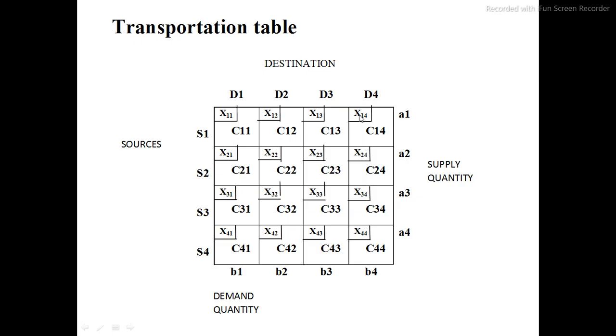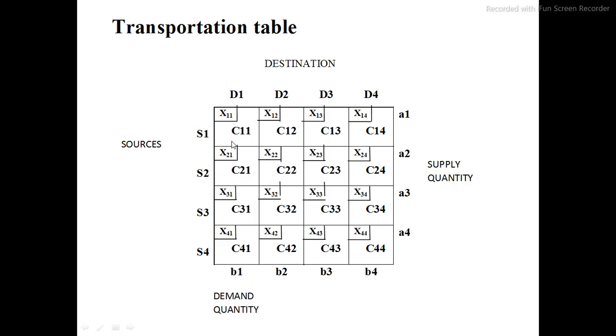This is the quantity of item transported from source 1 to destination 1. How much quantity can I supply from source 1 to destination 1? X11 quantity. For each one the cost is C11.